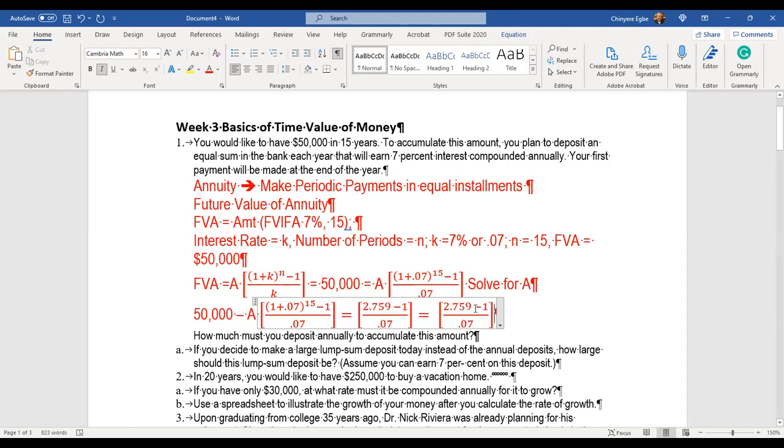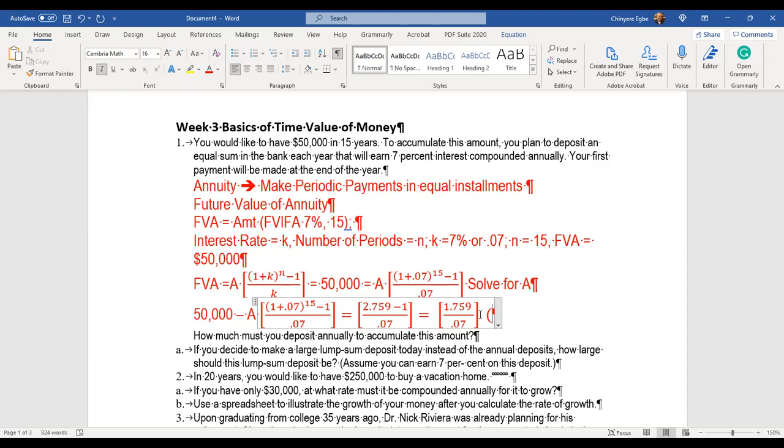And so we have 1.759 over 0.07. What is 1.759 over 0.07? I got 25.129.